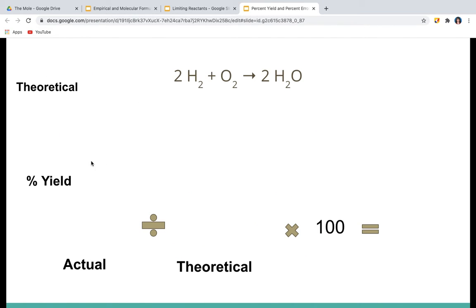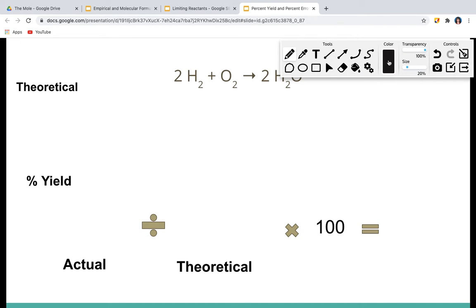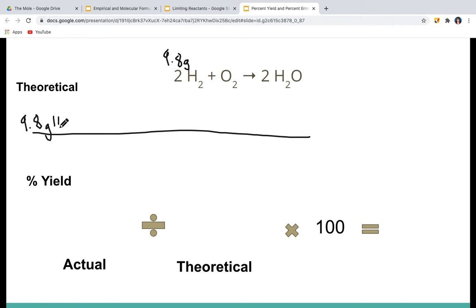Let's move over here. We're going to write up our theoretical. So remember, we're starting with 9.8 grams of hydrogen.